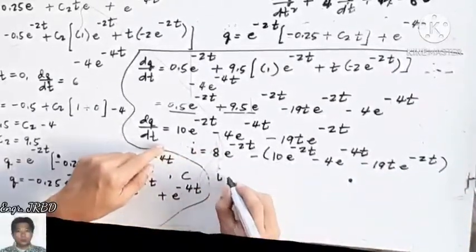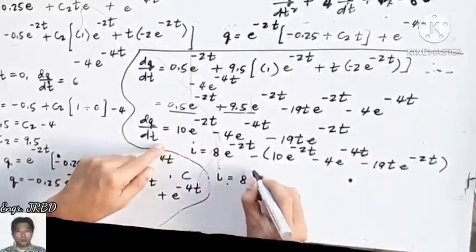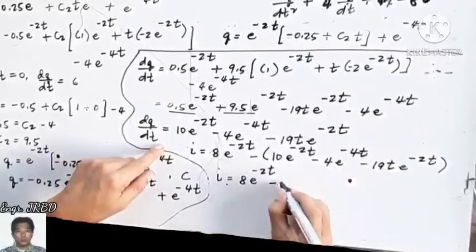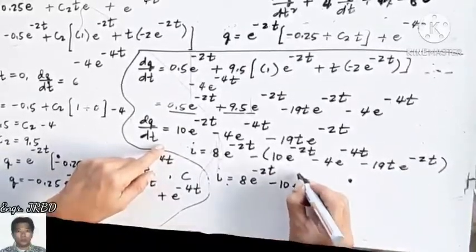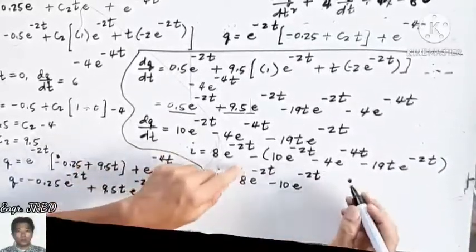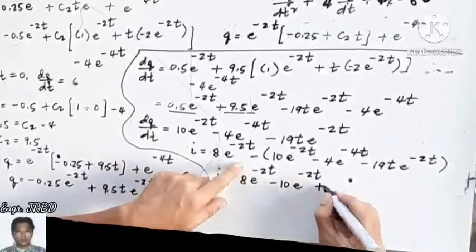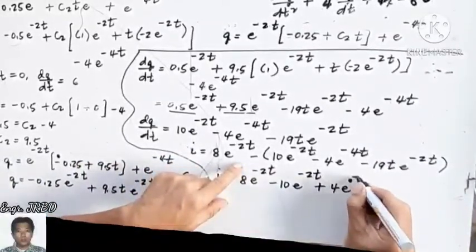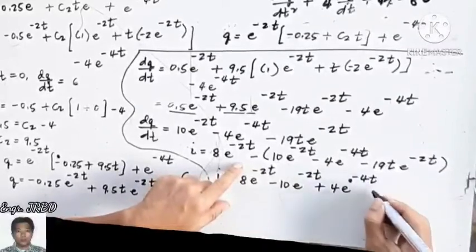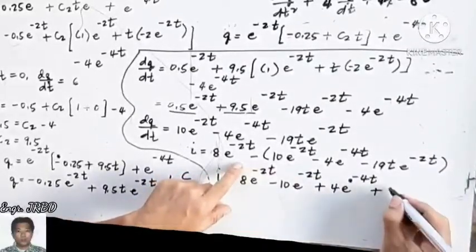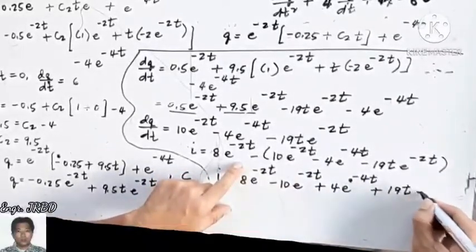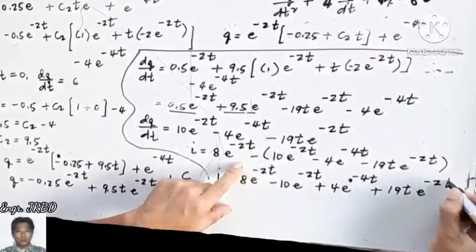So your I is 8 e raised to negative 2t minus 10 e raised to negative 2t plus 4 e raised to negative 4t plus 19 times t e raised to negative 2t.